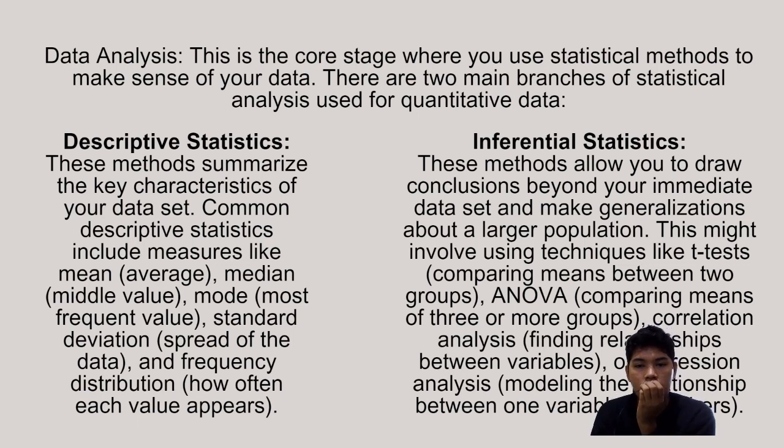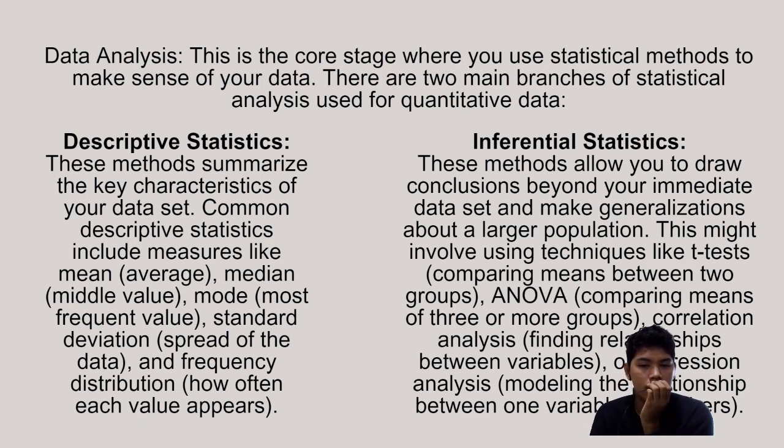Next is data analysis. This is the fourth stage where you use statistical methods to make sense of your data. There are two main branches of statistical analysis used for quantitative data. The first one is descriptive statistics. This method summarizes the key characteristics of your data set.